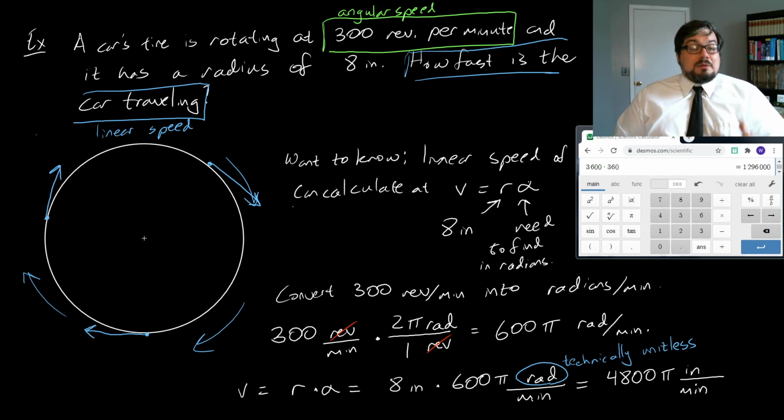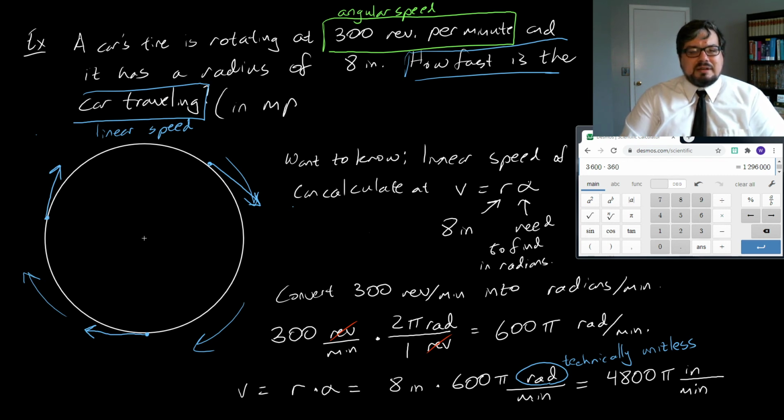Now, the original problem, as I wrote it, didn't specify what units it wants. However, most of the time it will, and the problem will define units for you to give your answer in that make sense in the context of the problem. So instead of asking how fast the car is traveling without specifying, I want to add a little addendum here.